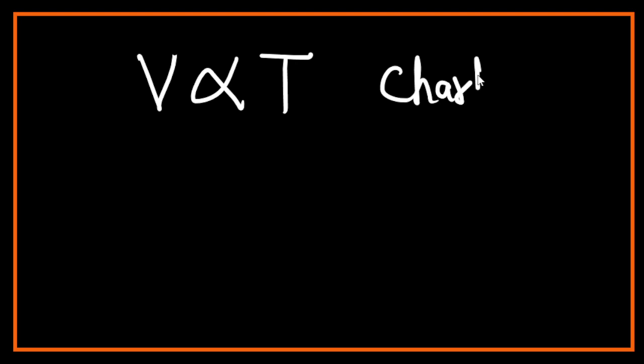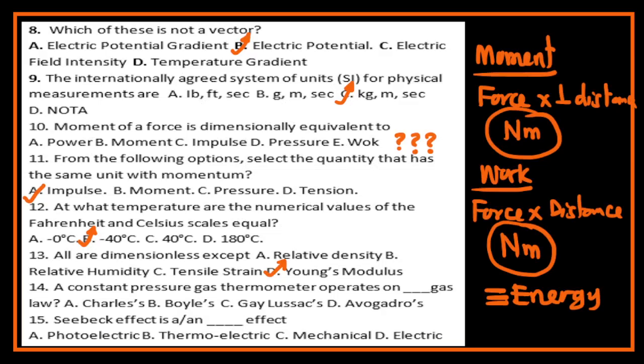So the answer is Charles' law. Charles' law states that the volume of a given mass of a gas is directly proportional to the absolute temperature, or simply temperature in Kelvin, provided the pressure is kept constant. So the answer there is Charles' law. Okay, so what else? The last question there, which is what? Question 15.